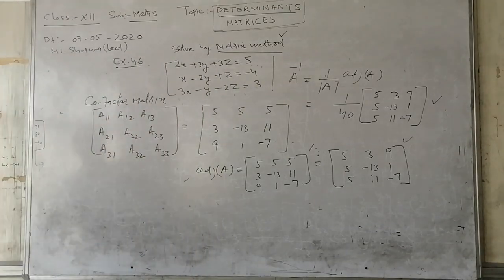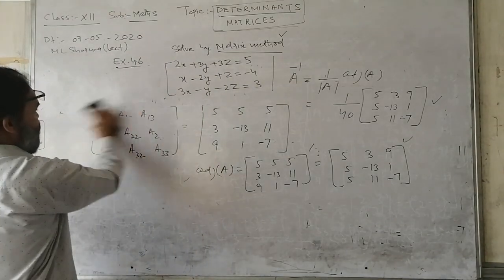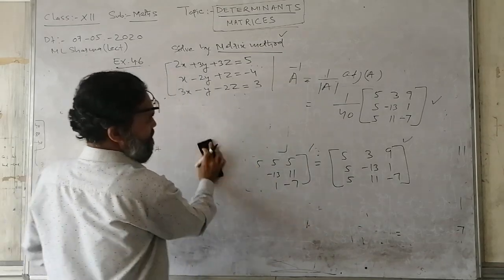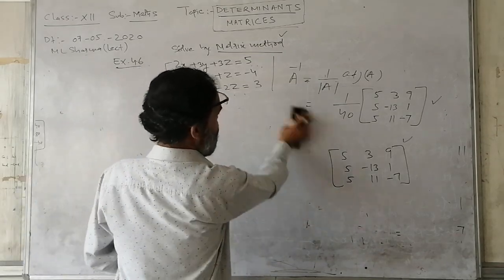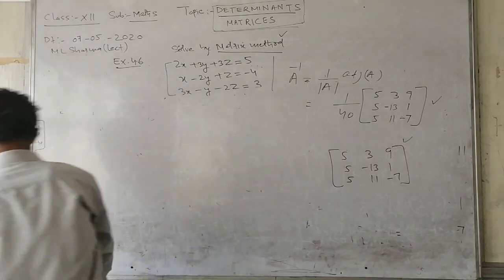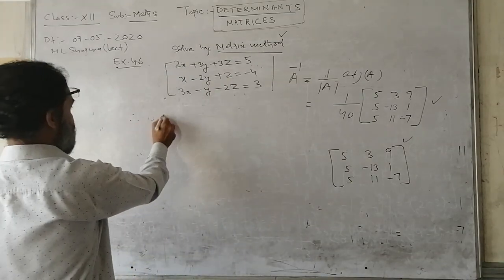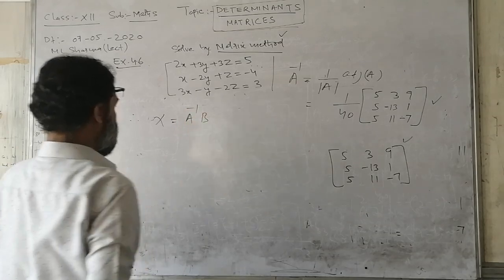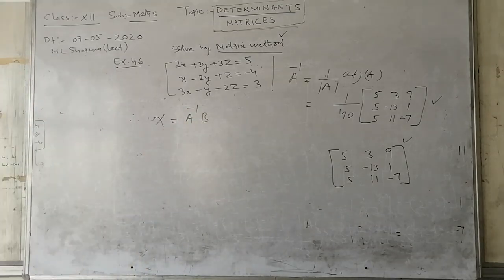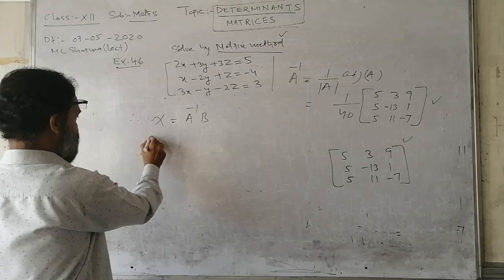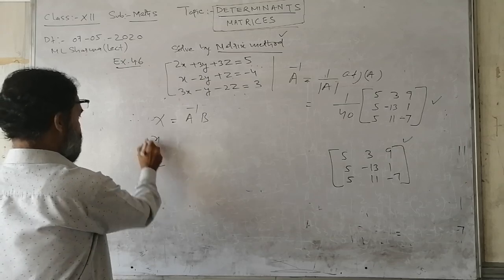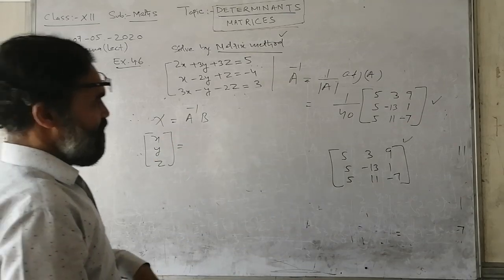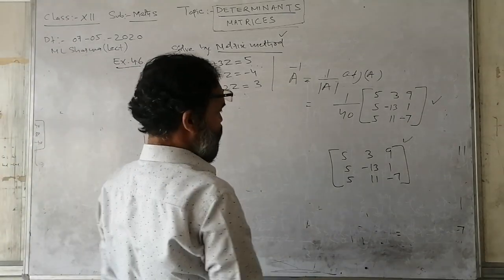Now the last step: X is finally equal to this. So X can be written as x, y, z equal to A inverse, whose value I have found here.